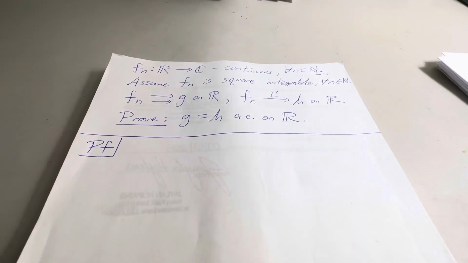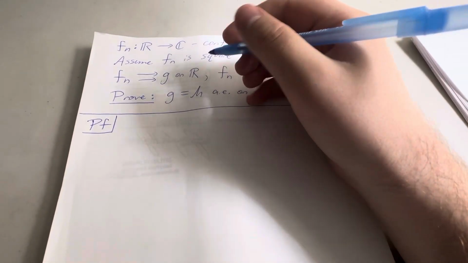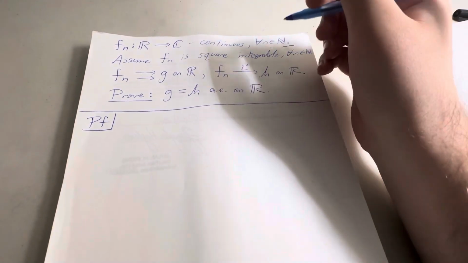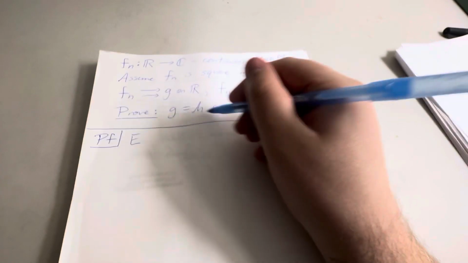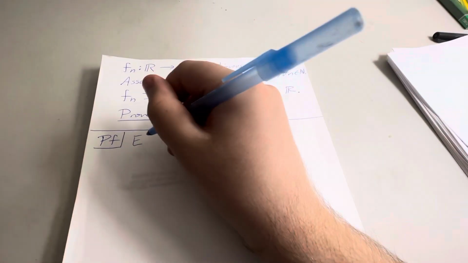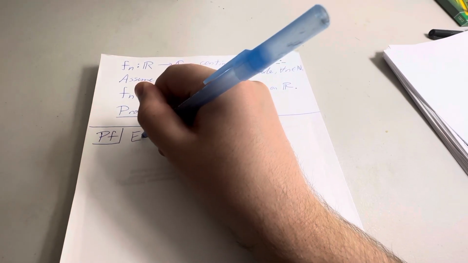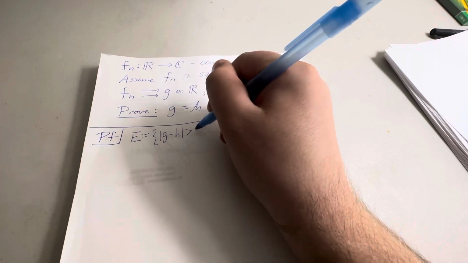So let's do it. I'll go through my thought process a little bit about reading this and what I should do. I remember reading something in the Stein book where if you want to show that two functions agree almost everywhere, you look at the set where they differ.